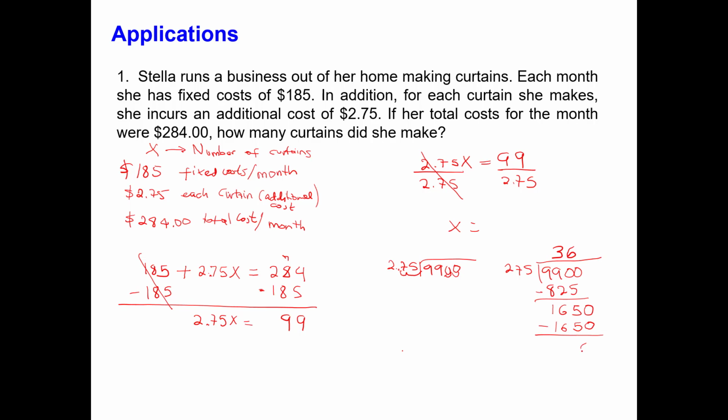If we subtract these two numbers, we get 0. Then x is equal to 36. The answer is that she can make 36 curtains per month.